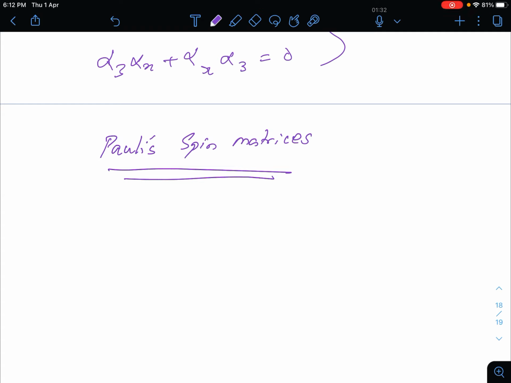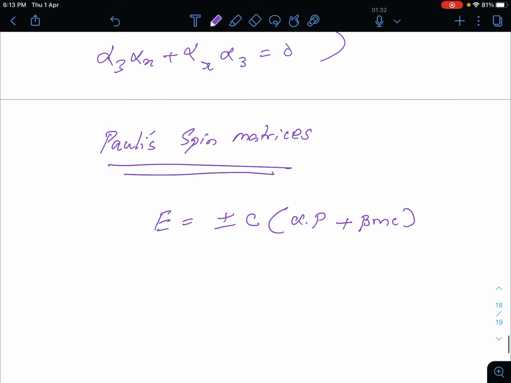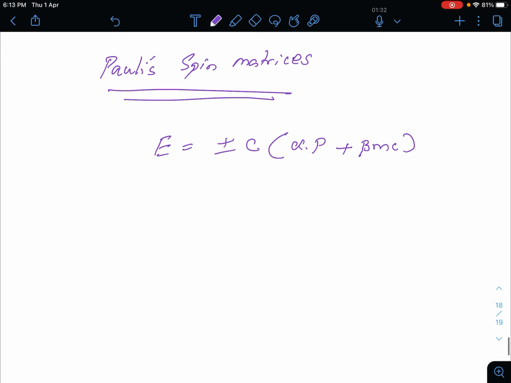So Pauli's spin matricesൻ്റെ ടേംസിൽ now you can express this energy E is equal to plus or minus c alpha dot P plus beta mc square എന്ന് പറയുന്ന സാധനത്തിനെ നിങ്ങൾക്ക് എക്സ്പ്രസ് ചെയ്യാൻ പറ്റണം അല്ലേ? അങ്ങനെയല്ല നമ്മൾ എഴുതിയിരുന്നത്. So that's what we started with. Okay, so you should express it. Now we got it.